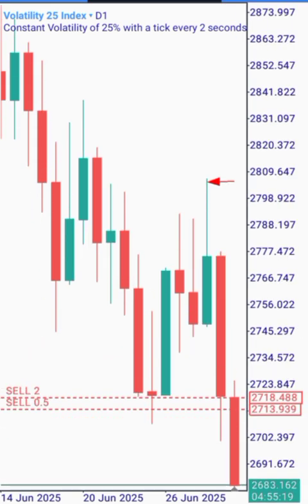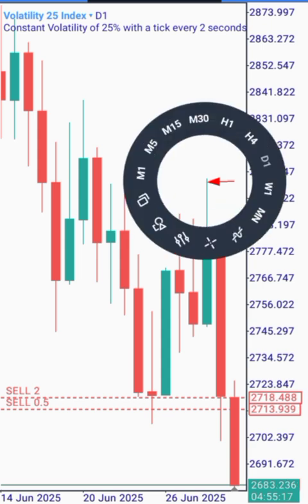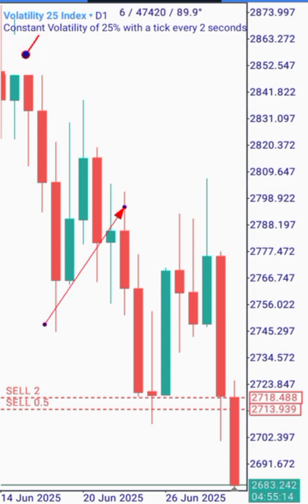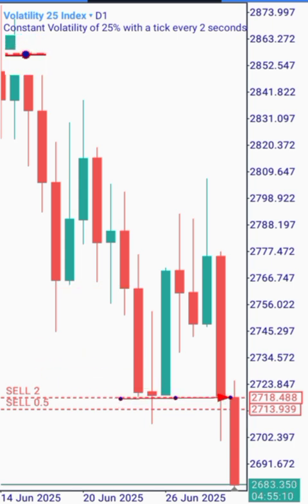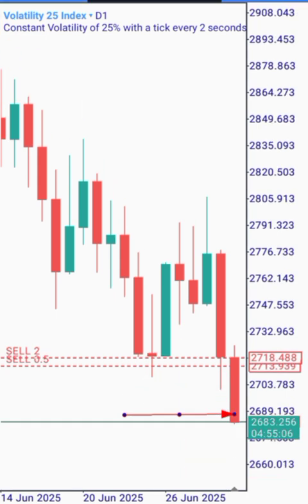So look at what happened here. This is where the market started opening, and the market is still pushing to the downside. Do you understand? This candlestick will close at 1 a.m. Nigerian time.